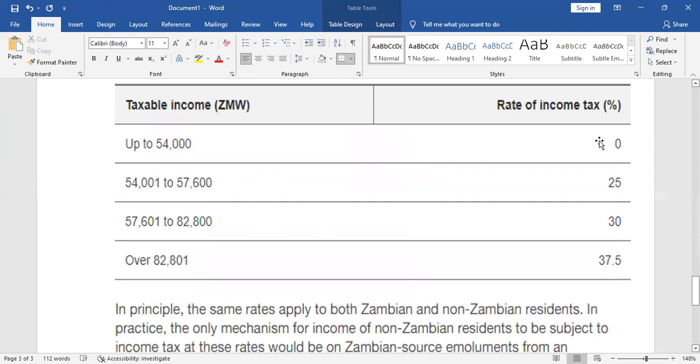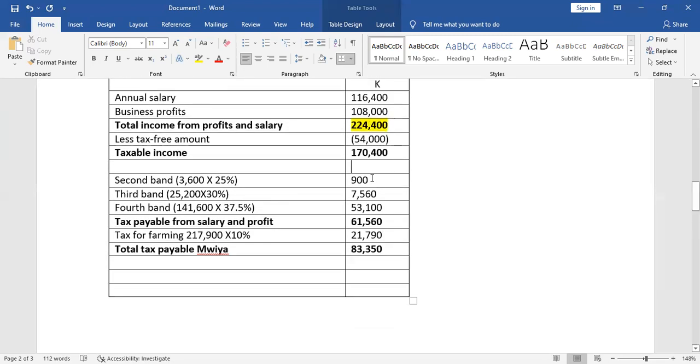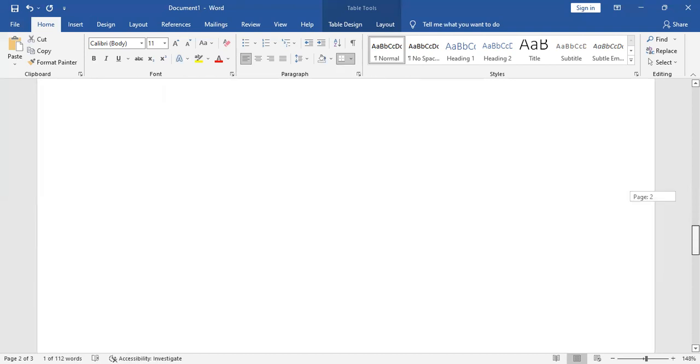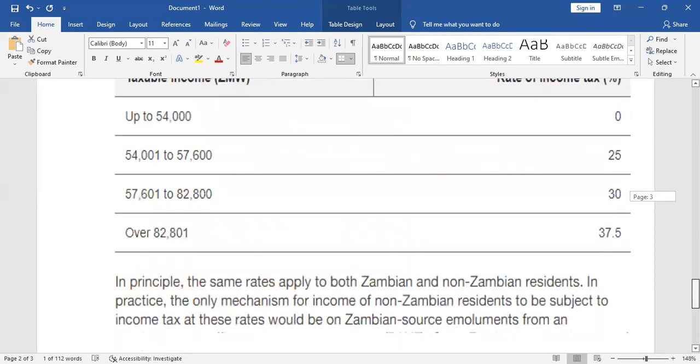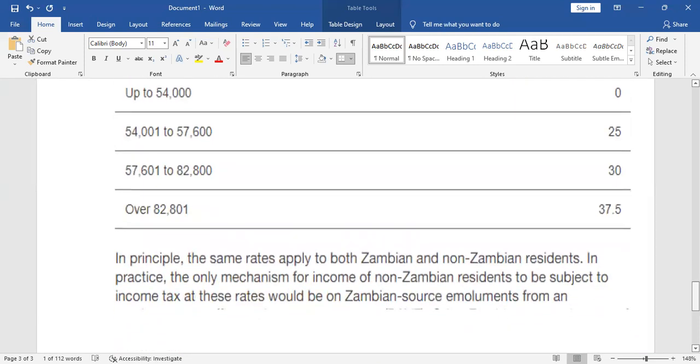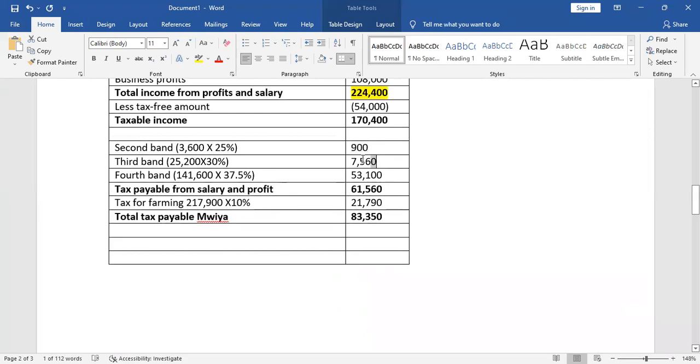So the first one now will start at 25 because the 0 tax rate, we've removed it from the amount that is supposed to be taxed. So 57,600 minus 54,000, it will still give you 3,600. So you hammer, it will still give you the same amount. And then you go to the next band, 82,800 minus 57,600, which is charged at 30%. You are still obtaining the same amount, which is 25,200, and the tax will be that.